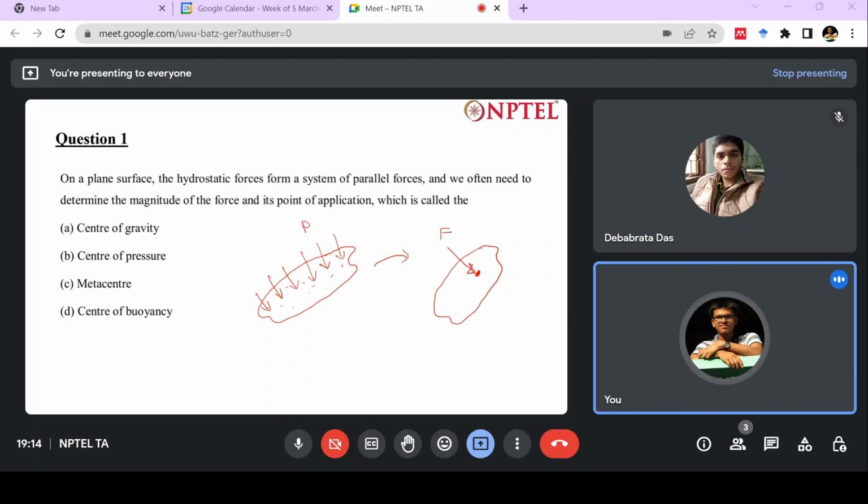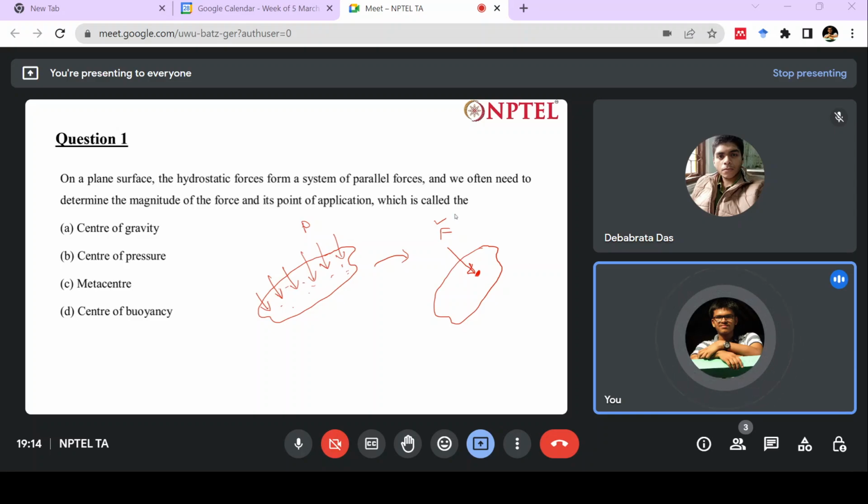This is a distribution of force, right? At every point a certain amount of stress is acting, and if we add up all these small forces acting on each of these small areas, we will get a net force, and this F is basically the net force.